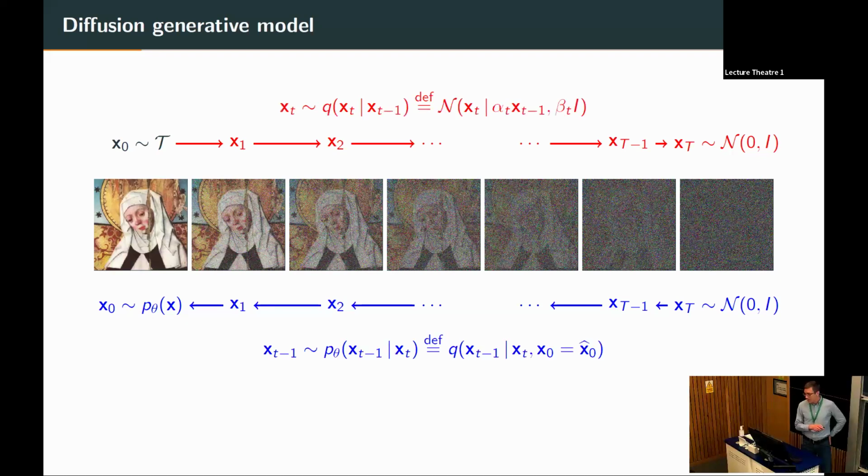And typically, this diffusion part of the model, or the noising part of the model, is something simple, say a linear Gaussian process, so that conditionally on the x0 here, everything is simple.